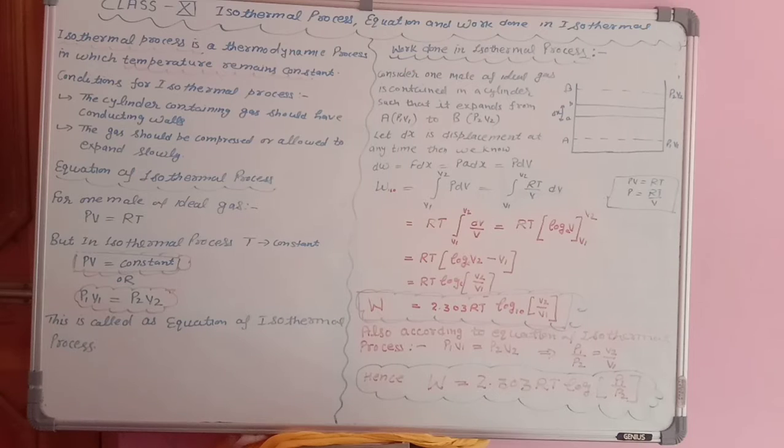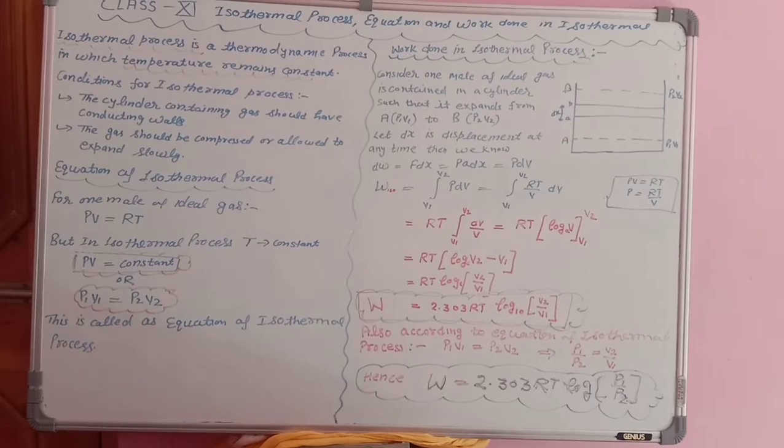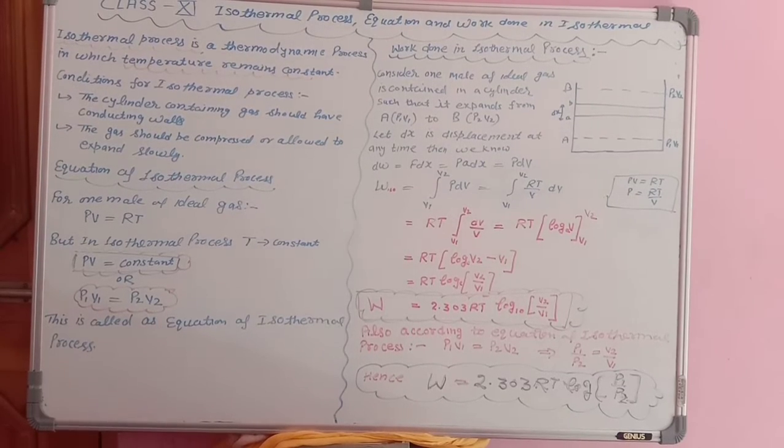So let us start today's topic, that is isothermal process, equation and work done in isothermal process. Students, I have already explained various thermodynamic processes, and here the isothermal process is the thermodynamic process in which temperature remains constant.